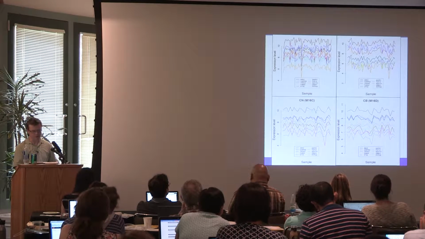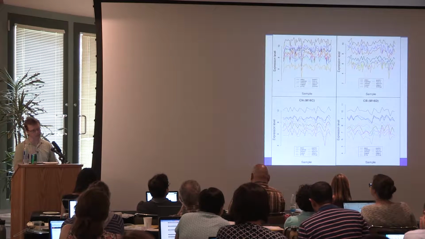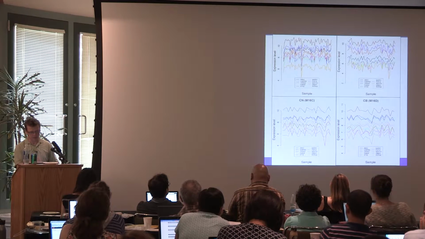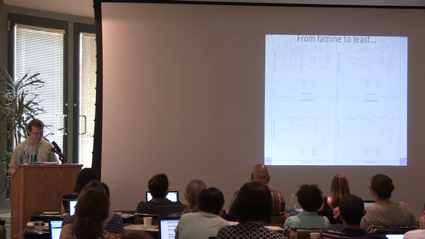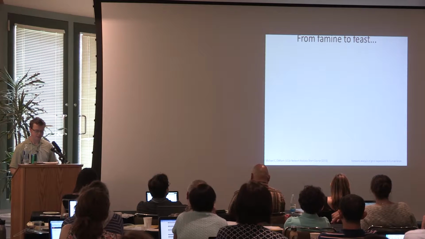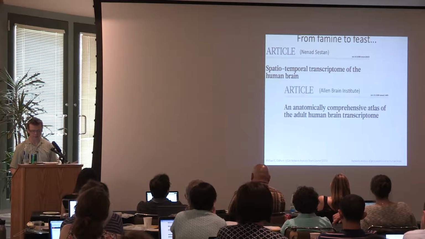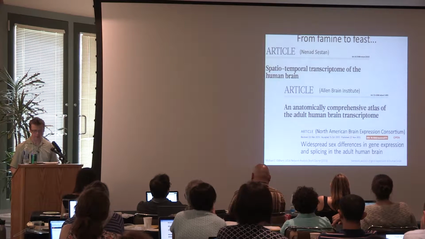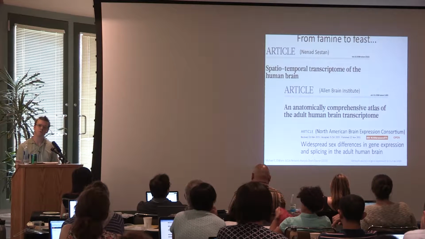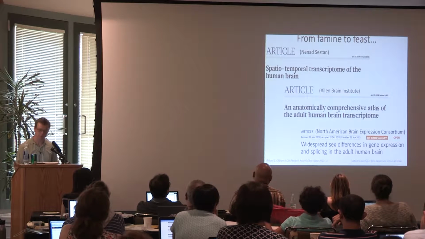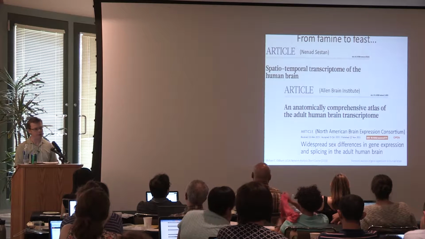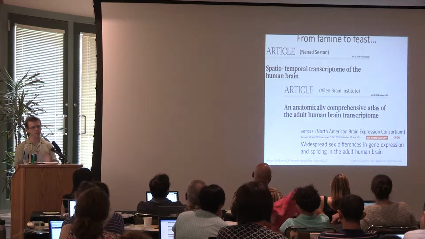So this was 2006, 2007 when I was doing this, 2008 when this study was published. And since then, it's just been an explosion of giant data sets from human brain, right? Many of them from the Allen Institute, from the Nadia Stan's lab, and from other consortia. And so now it's just a totally different ball game, right?